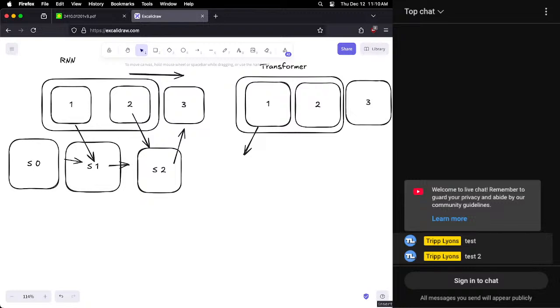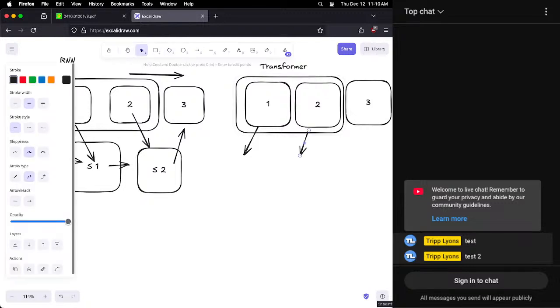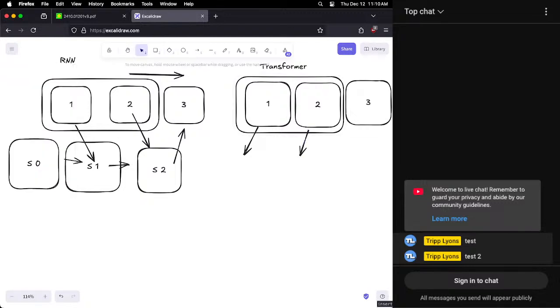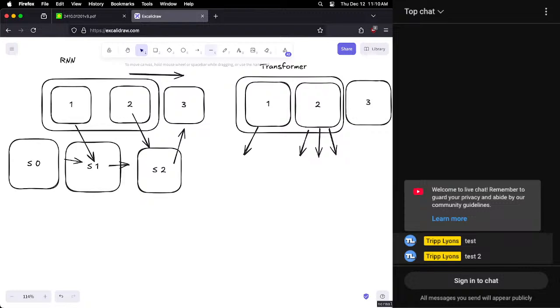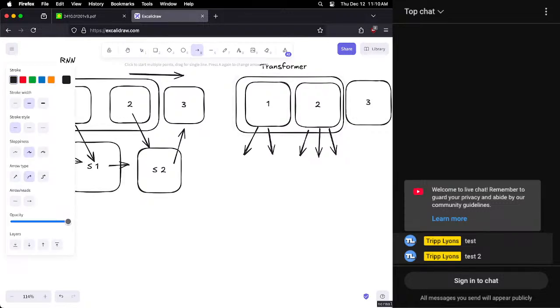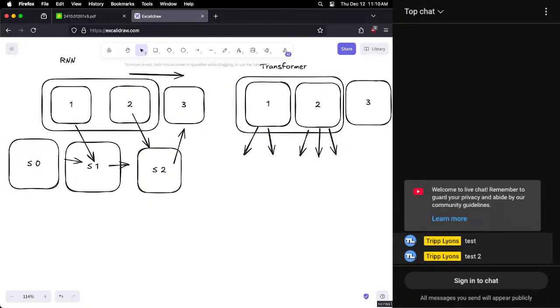If we want to predict the third one, we could go from the second one. It can produce a query, a key, and a value. And the first one can produce a key and a value. It'll also produce a query, but we don't need the query yet.